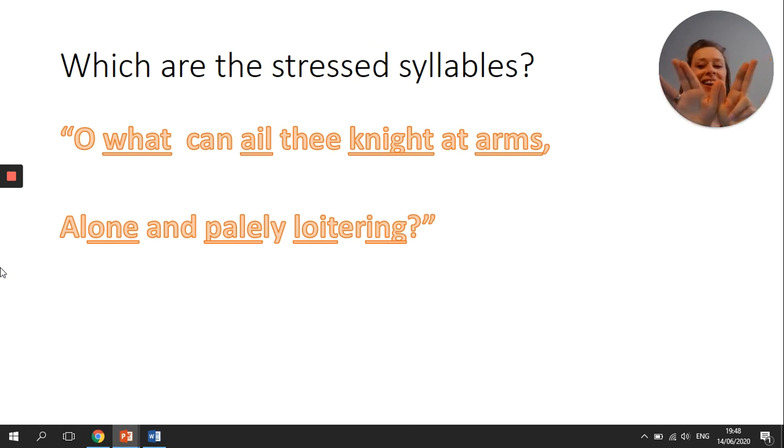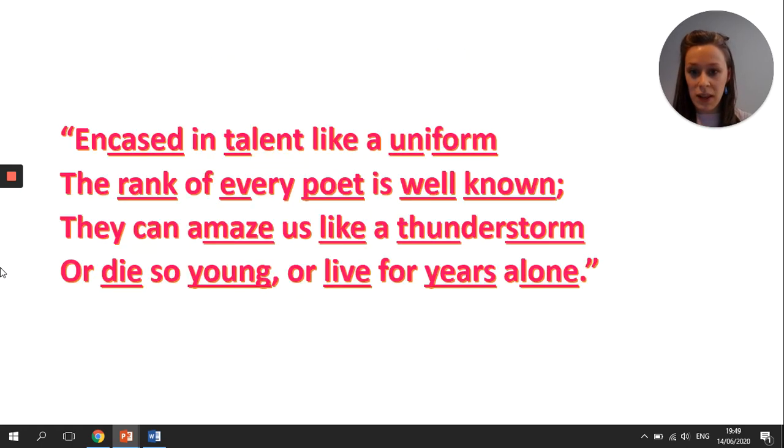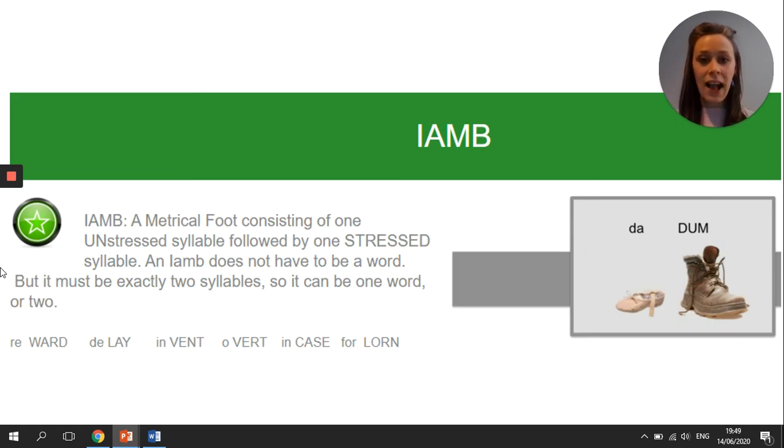And in each iamb, the first one is always unstressed and the second is always stressed. You're going to be poetry pros. So, hopefully you'll remember the verse form that Shakespeare uses is iambic pentameter, because it's 5 iambs, but that means it's got 10 syllables. You've got it. Okay, well done everybody, and keep learning.